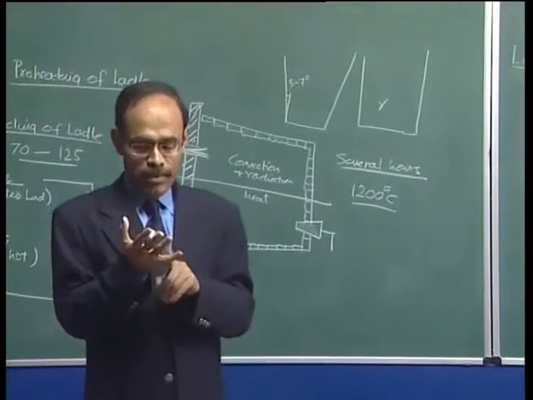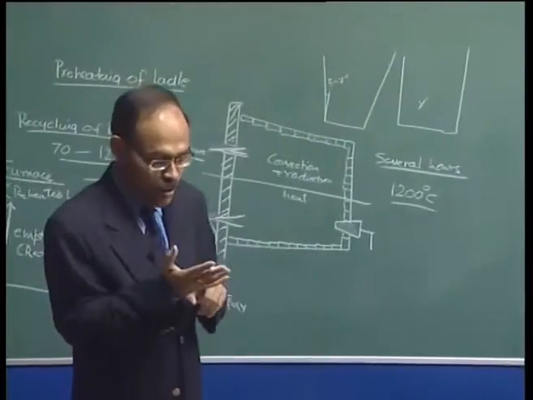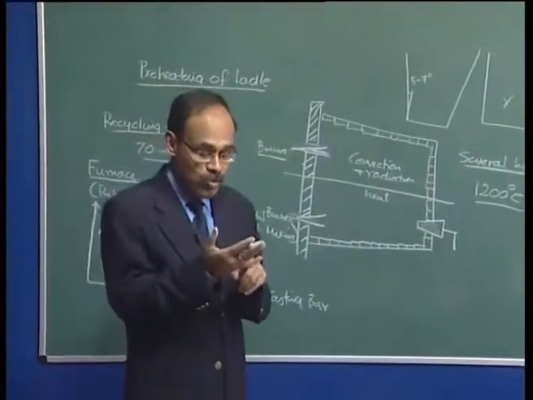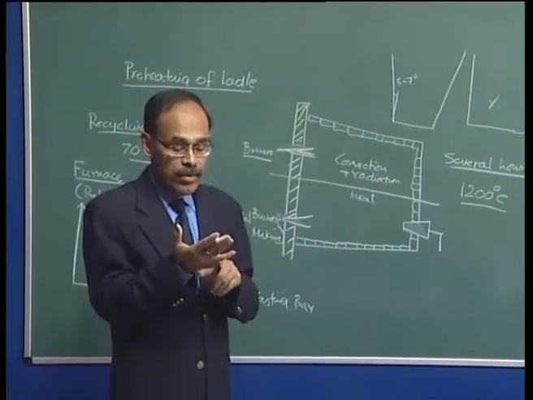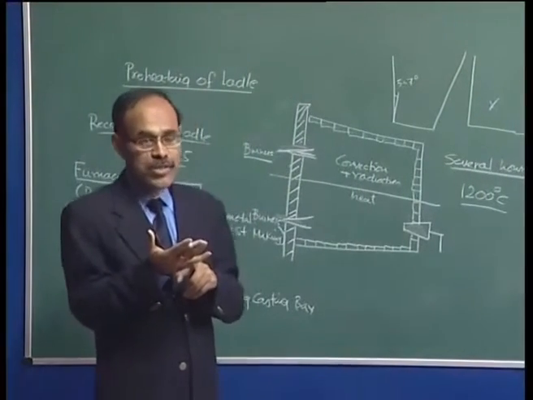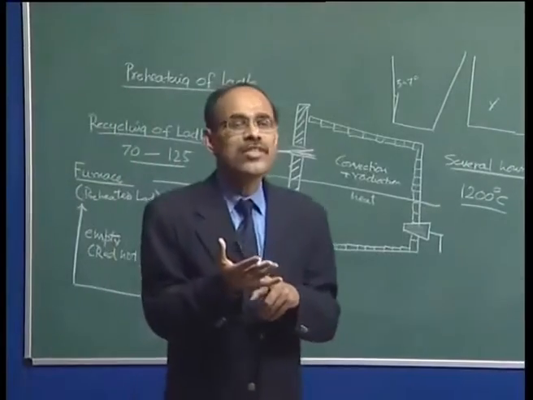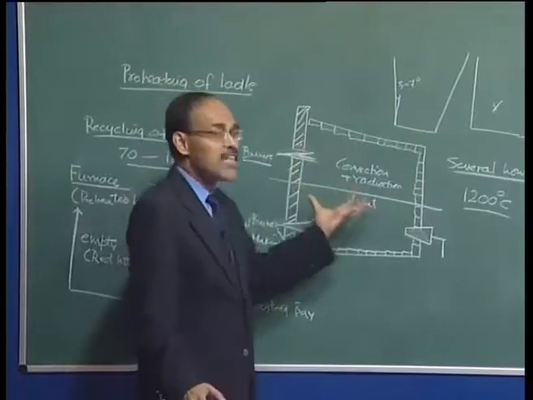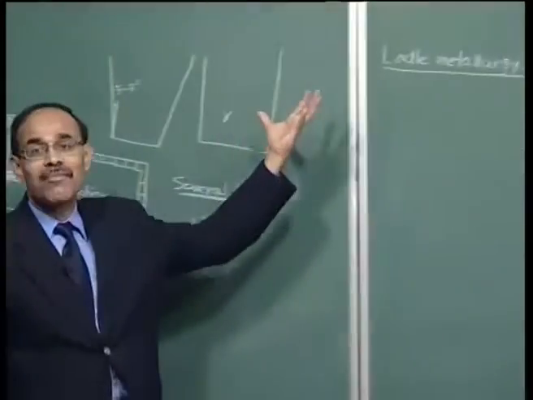Cleanliness is a very important parameter which I have not so far talked about. In this course, we will come across this term repeatedly towards the later part. Being devoid of inclusions, removal of inclusions, modification of inclusions, these are extremely important. So the value addition really goes in secondary steel making or in ladle metallurgy operations.